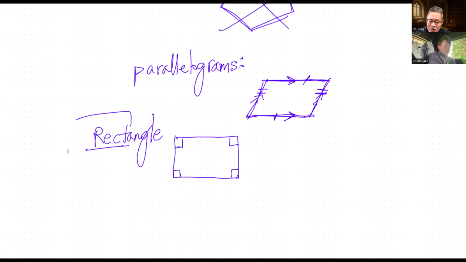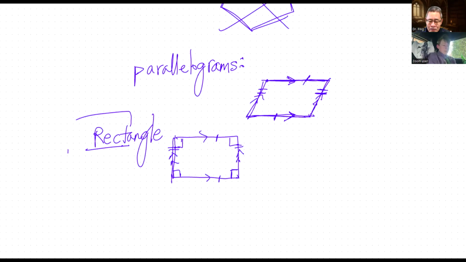So that means we got four right angles. And this side and this side are parallel, this side and this side are parallel. And this side is congruent to this side, and this side is congruent to that side, just like the parallelogram. But the special thing is that all the internal angles are right angles. Good.